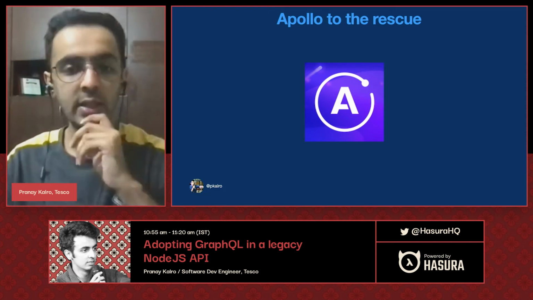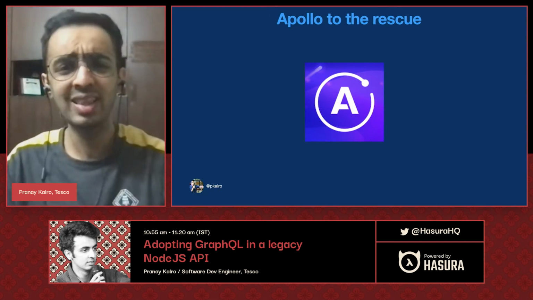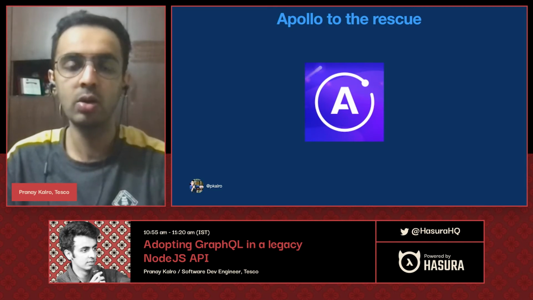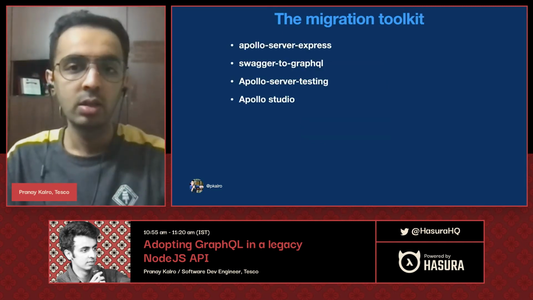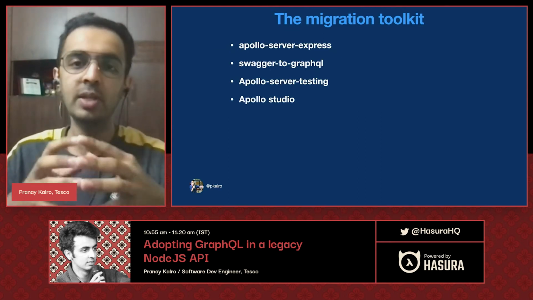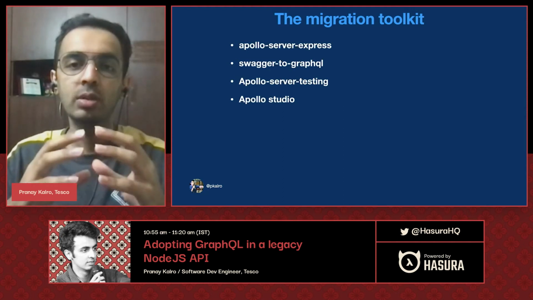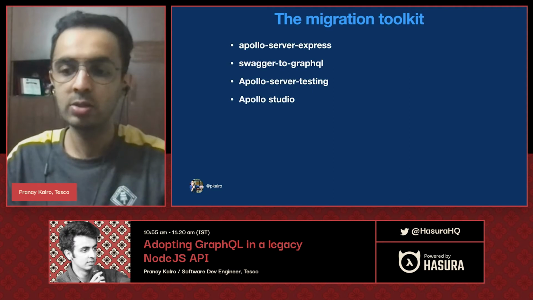Now, having said that, how did it do that, and what were the different things or the toolkit or the approaches that we followed to make our migration smooth? So we defined a migration toolkit. This is basically the most important tools that aided us in our journey towards migrating.